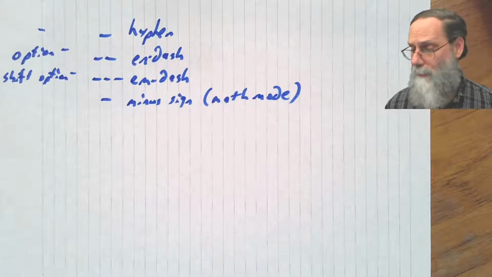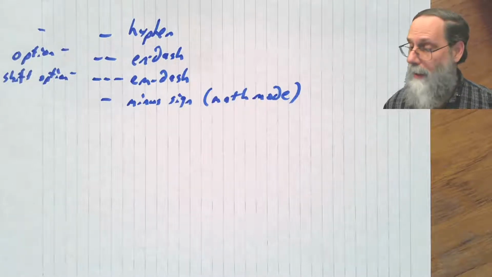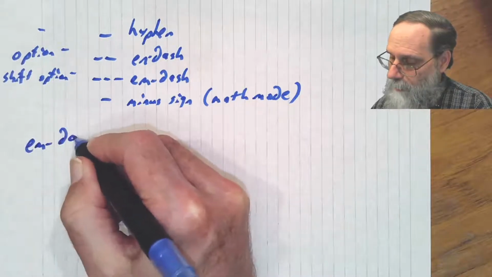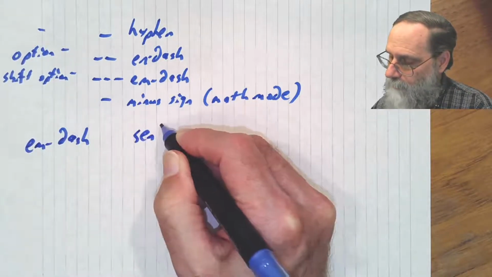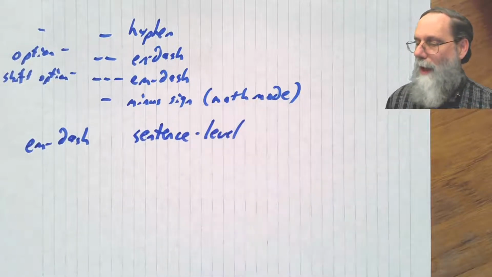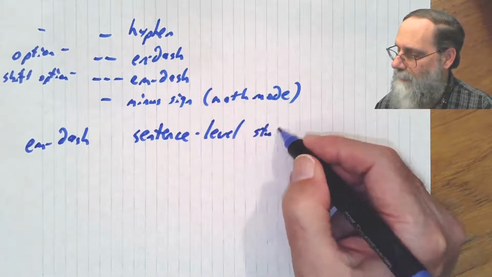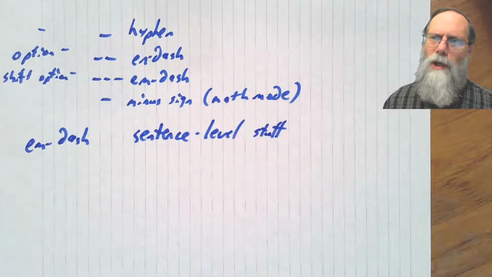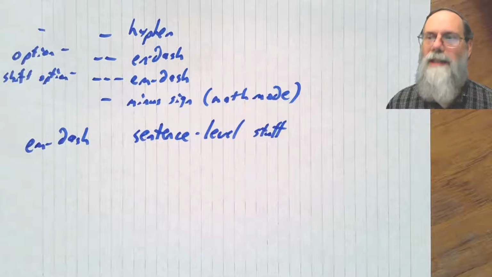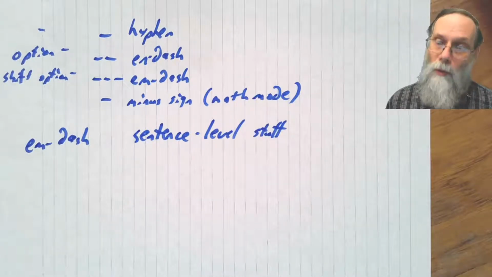The M-dash, the largest of these things, is for sentence level stuff. So, M-dash is sentence level. And sentence level means that you're combining separate thoughts and you're showing a sudden break between one thought and another.